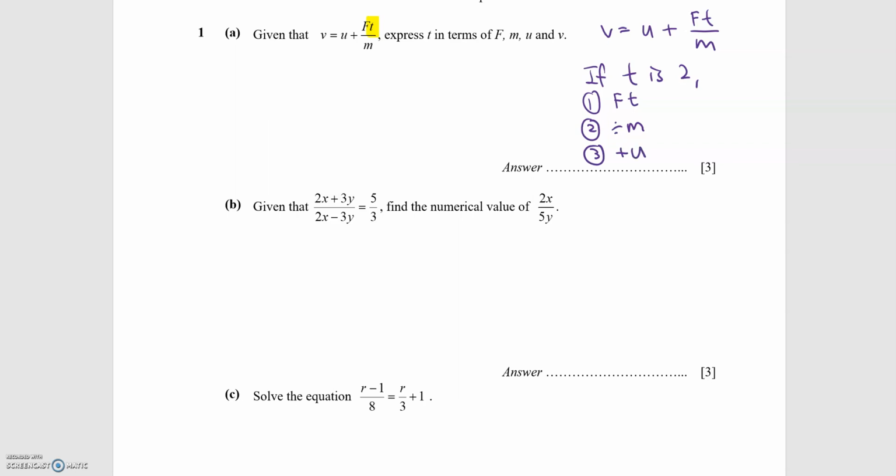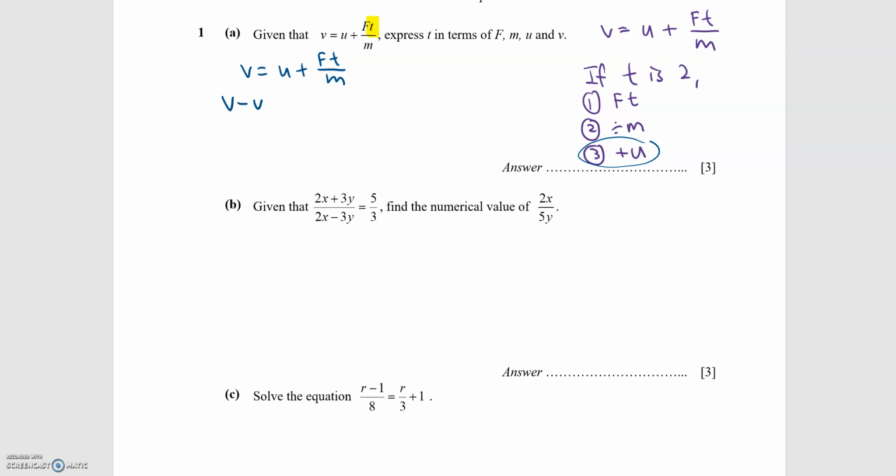So if I want to now express t in terms of the other variables, I will need to undo all these things that we are doing to t in order to make t the subject of the formula. So v equals to u plus ft over m. The first thing I will need to do is to get rid of the u.